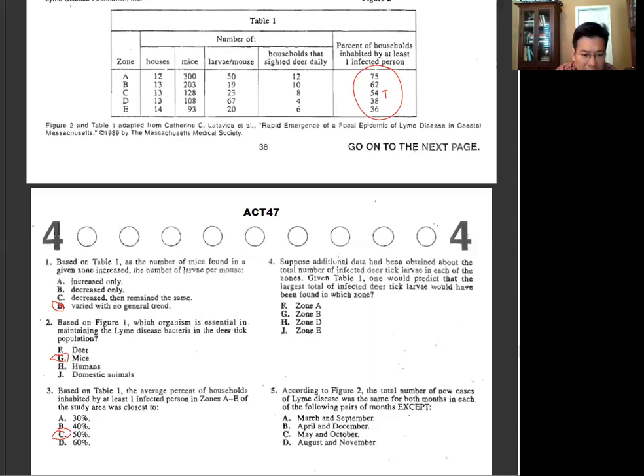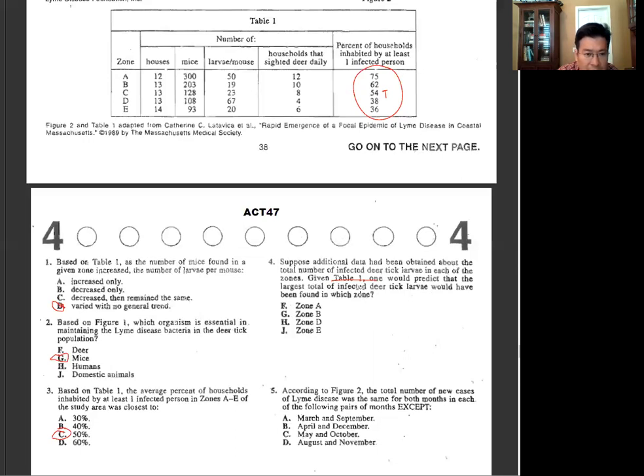Number 4: suppose additional data had been obtained about the total number of infected deer tick larvae in the zone. Given table 1, which zone would you predict the largest total of infected deer tick larvae would have been found in?